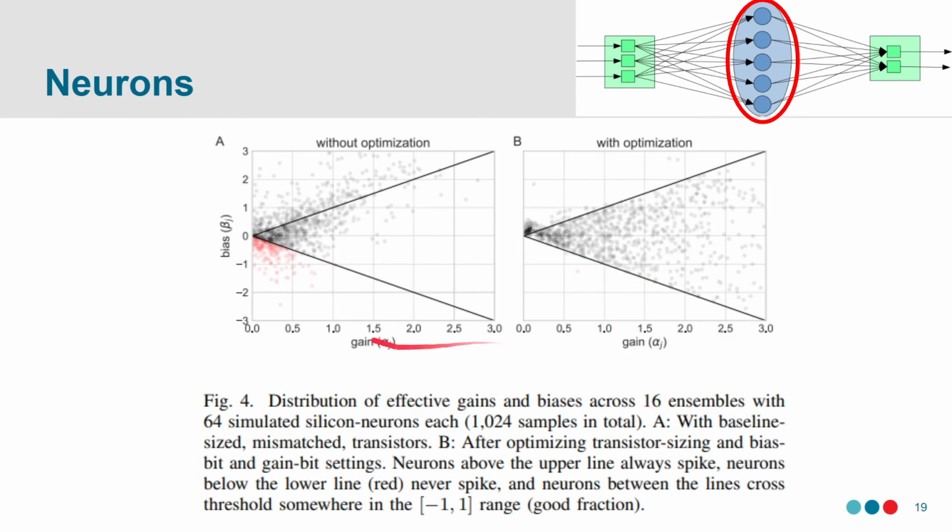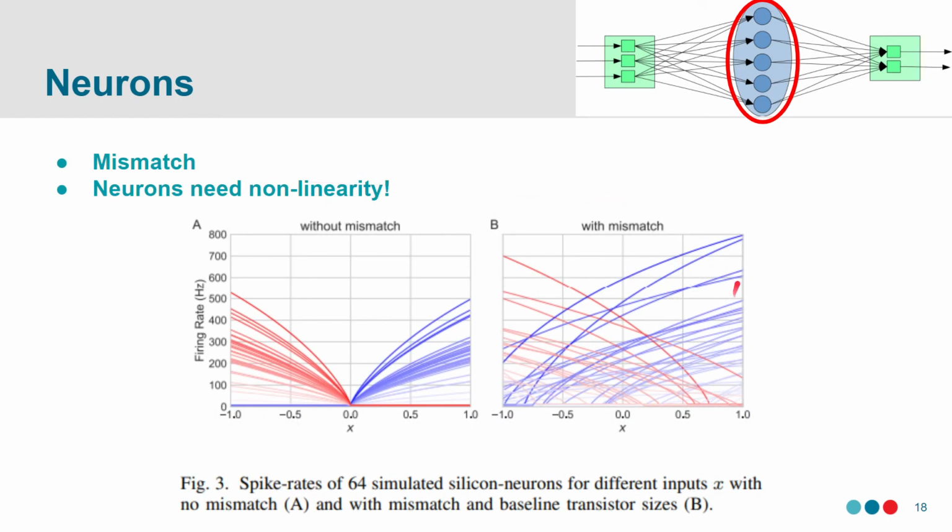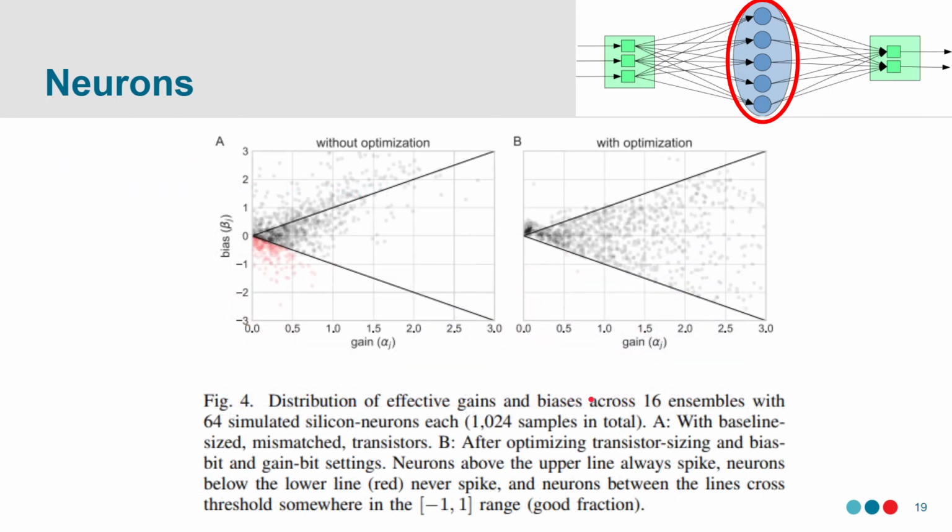Up here, we have a neuron that always fires, so that's a neuron where the tuning curve is pretty flat. Ideally, what we would like is neurons that have an intercept somewhere in this range, that's neurons inside this cone.